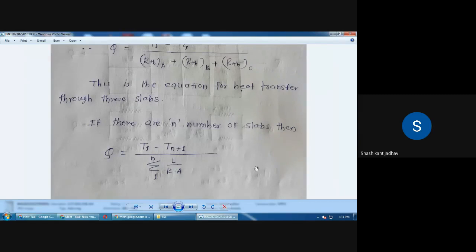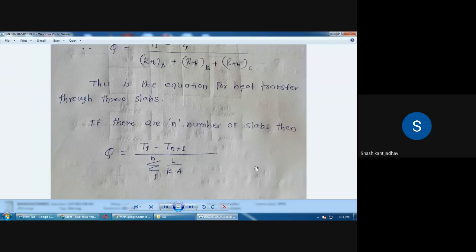This is the equation for heat transfer through 3 slabs, and if there are n number of slabs, then Q is equal to what? T1 minus Tn plus 1 divided by, as many plates as there are, that many thermal resistances will be there. If n plates are there, then the summation changes from 1 to n of L by K. Okay, so if there are n slabs, then n number of thermal resistances will come.